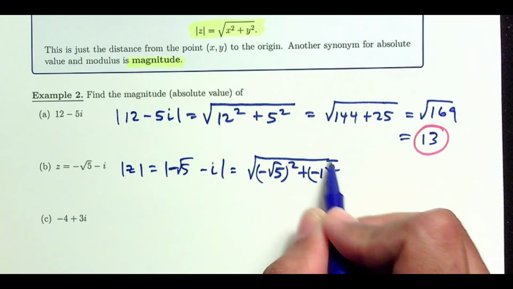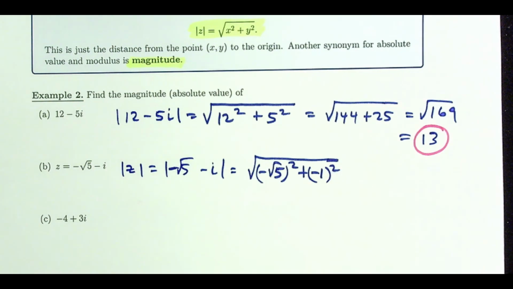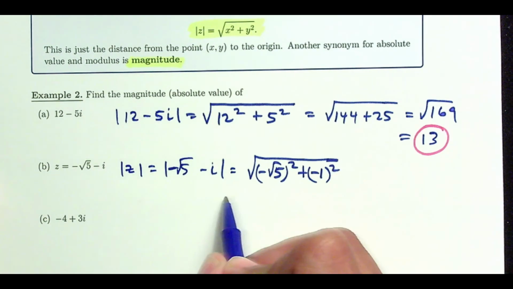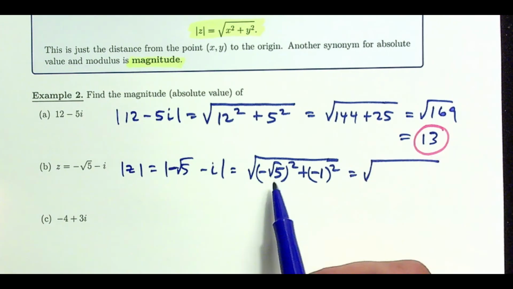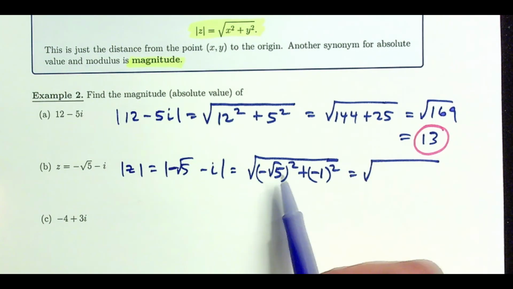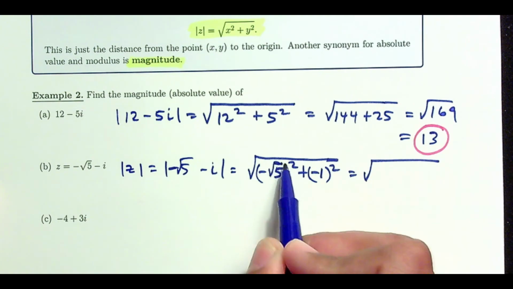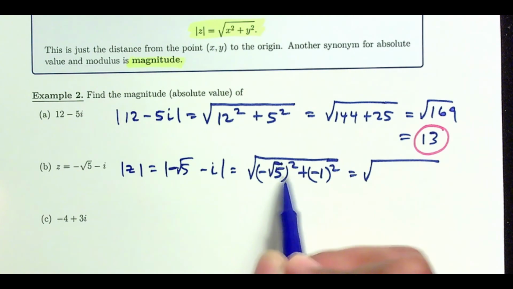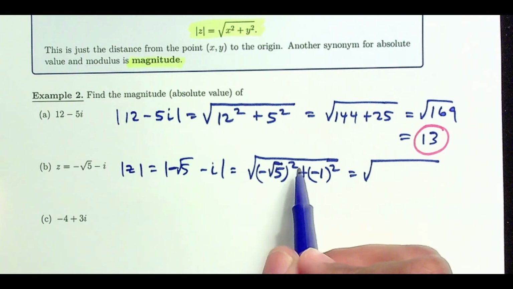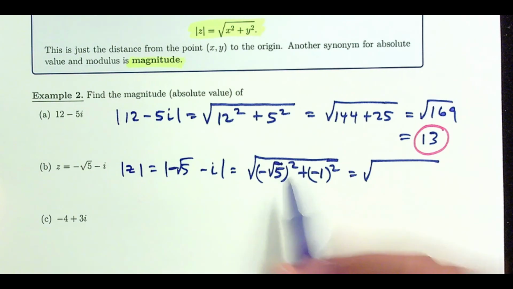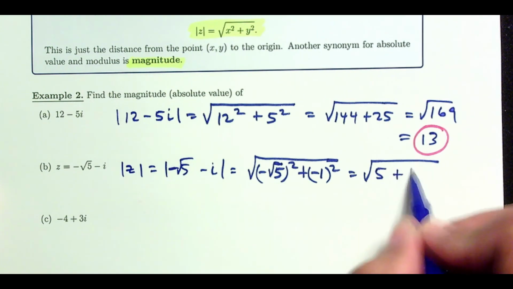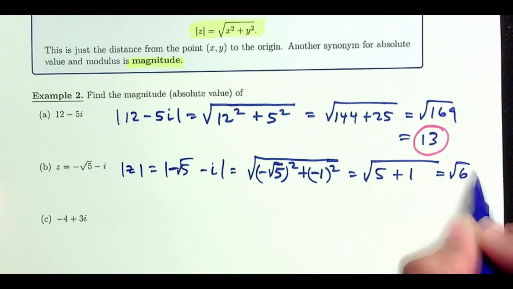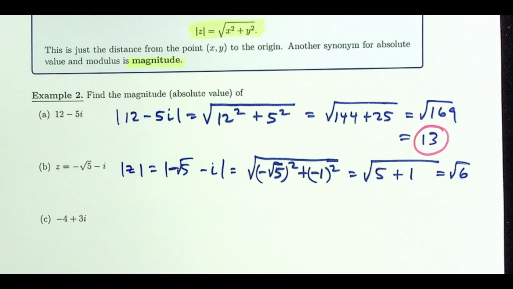Don't put the i. It's just a coefficient. Negative 1 squared. And if you simplify this, whenever you square a negative number, it's going to become positive. And the square root and the square cancel each other off, so you get positive 5. Negative 1 squared is positive 1. So the answer would be square root of 6.